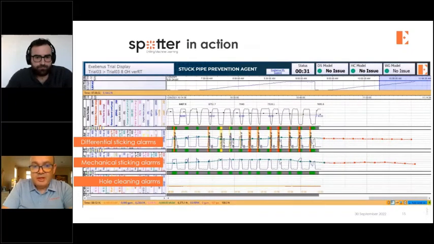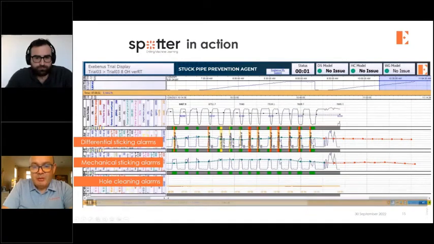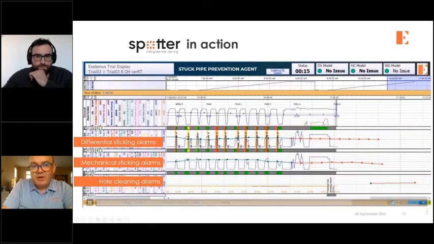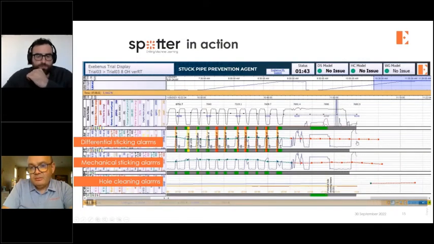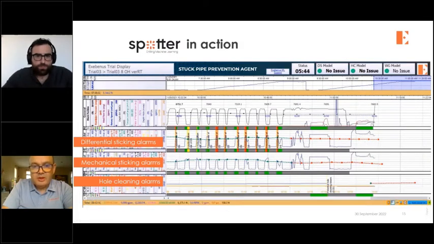You can see that it actually intensifies. The warnings are now more alarms, so the frequency and the severity are intensifying, and then they got stuck here. They were stuck for something like 78 hours, I think, in this particular case.